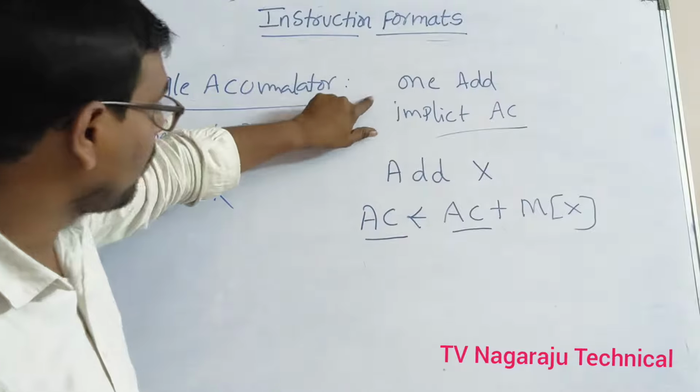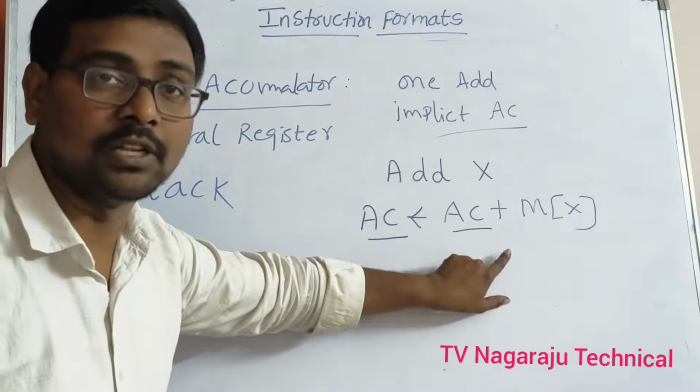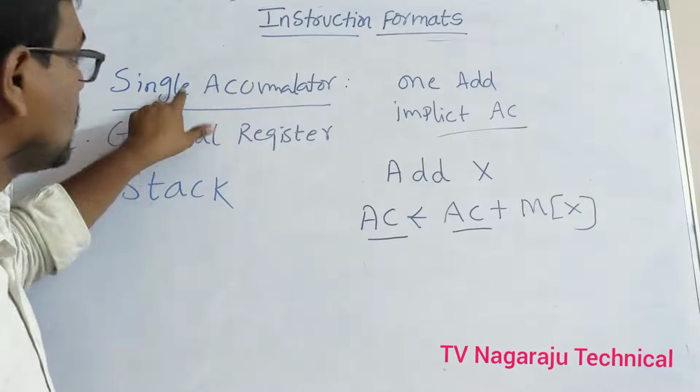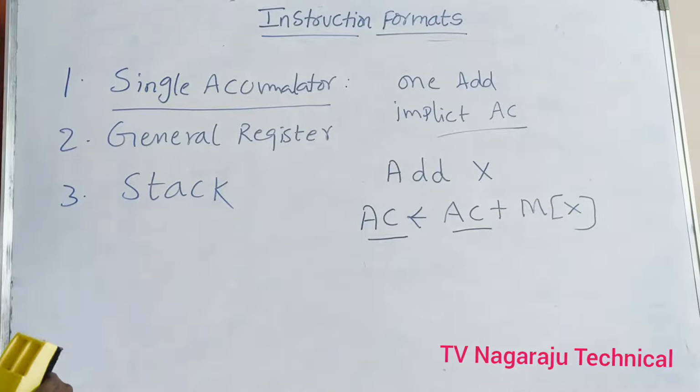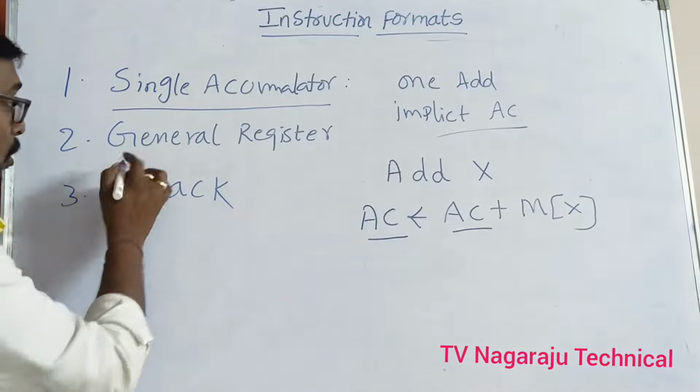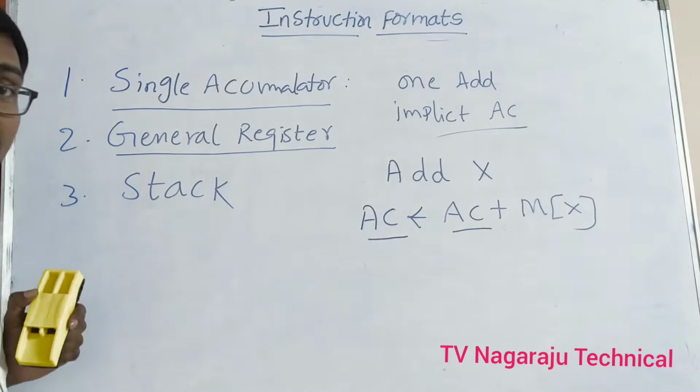That means in this type of instruction the accumulator is fixed. This is single accumulator organization. Clear? Now move to general register organization.